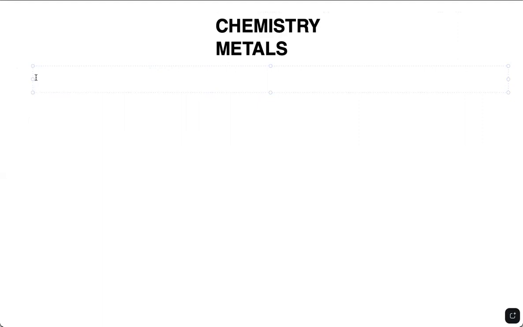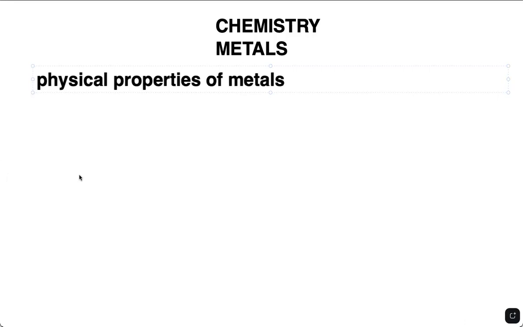Physical properties are the properties that we can tell by the means of sight, by the means of a feeling, by the means of a smell, any physical form that we can contact these substances with, and they help us to identify that these are indeed metals. There are also those properties that we can only get to ascertain after carrying out a chemical reaction. So for now, let's look at physical properties of metals.